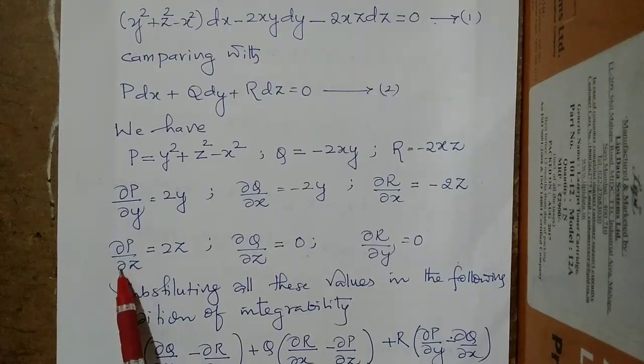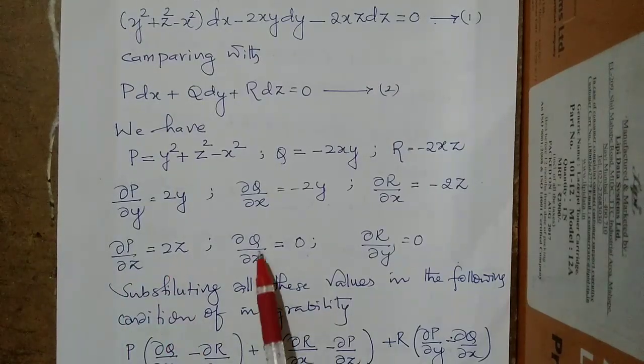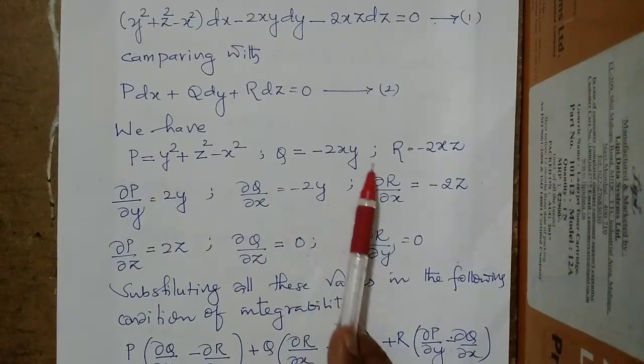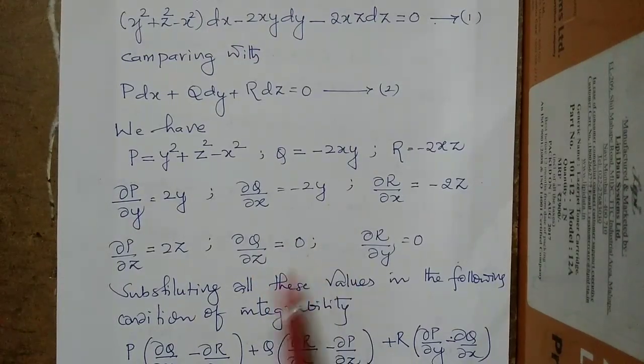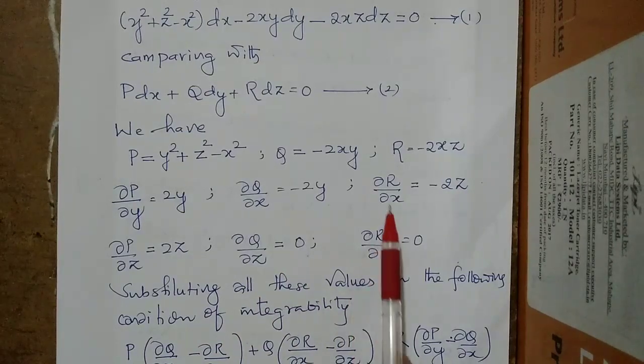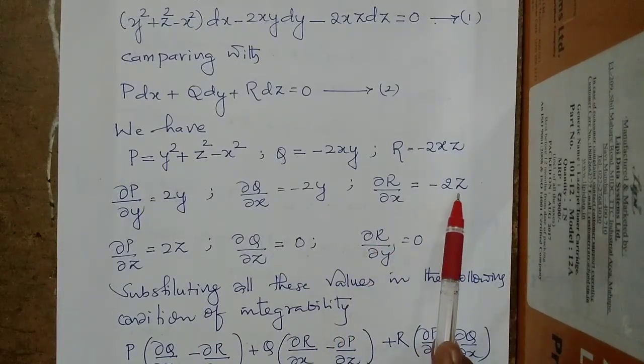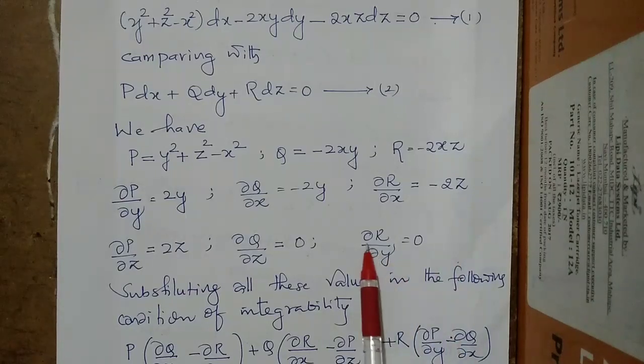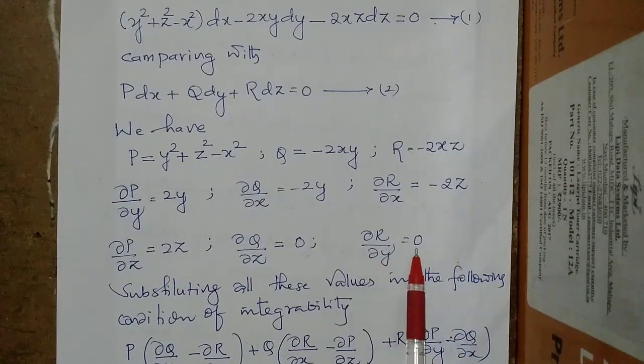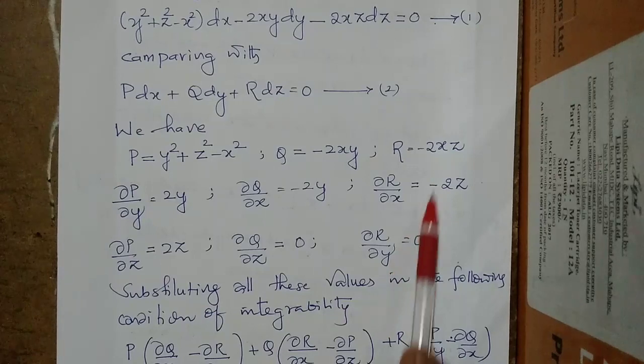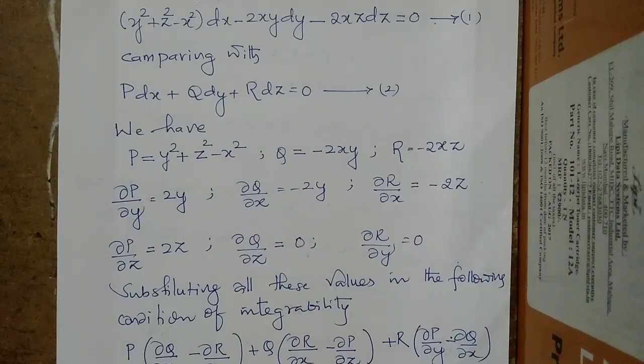Similarly, dou P by dou z is 2z. Dou Q by dou z is 0, because in Q there is no z term, therefore this value becomes 0. Dou R by dou x is equal to minus 2z. Similarly, dou R by dou y is equal to 0, because R is not a function of y, so its partial derivative with respect to y is 0.